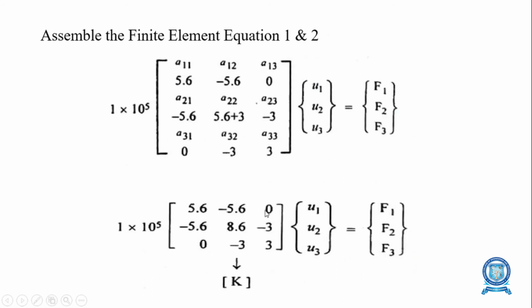Now we are going to assemble. For assembling, we are again giving the naming A11, A12, A13, A21, A22, A23, A31, A32, A33. Now we are substituting the values in these matrices. We substitute the A11, A12, A21, A22 values as 5.6, minus 5.6, minus 5.6, 5.6.